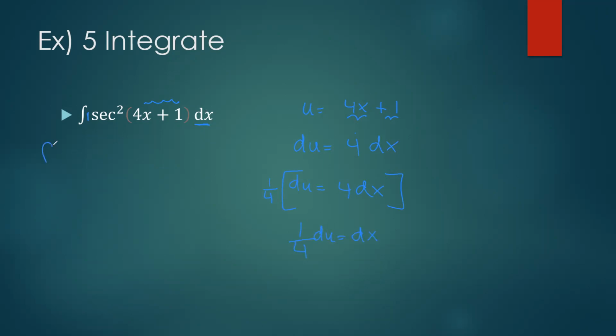So it's going to be integral secant square, and then you're going to replace 4x plus 1 with u, times, so you can replace this dx or this 1 dx with 1/4 du, right? And then 1/4 is a constant, so take it, put it outside the left of the integral.